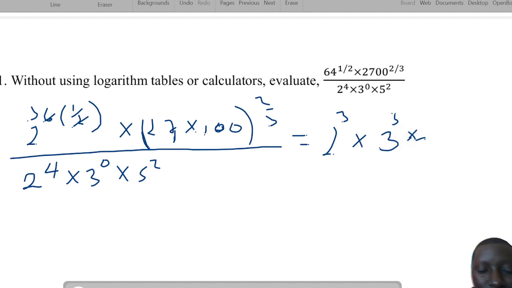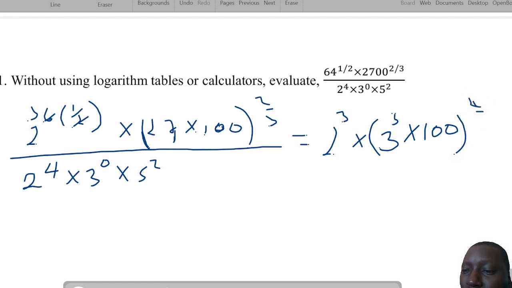I want to retain my 100 the way it is, but remember this is to the power of 2 all over 3.